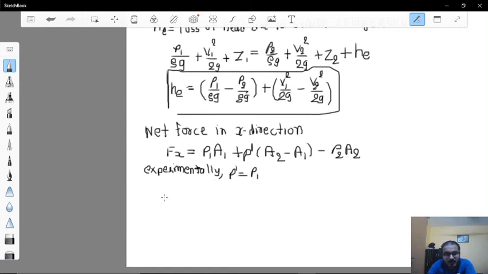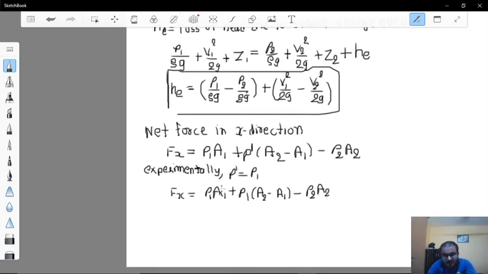So once we put that over here in Fx, we will get P1 A1 plus P1 into A2 minus A1 minus P2 A2.